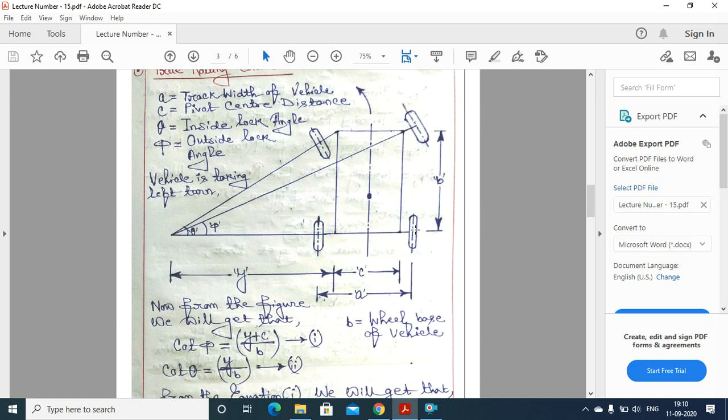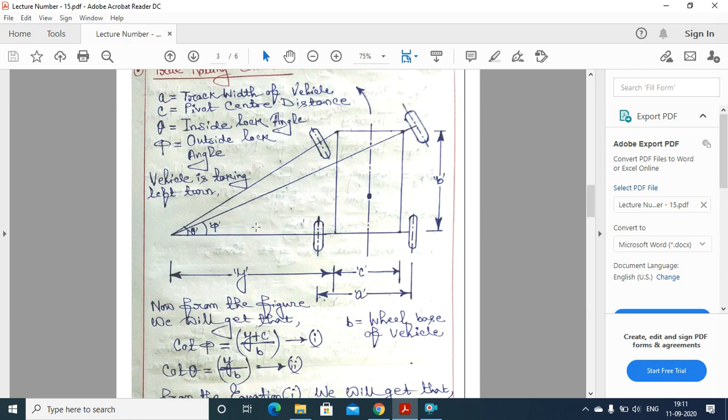And the distance from this wheel's center to the instantaneous center is the turning radius for the rear outer wheel. First of all, how to calculate this RFI, RFO, RRI, RRO? RFI means front inner, front outer, rear inner, rear outer.